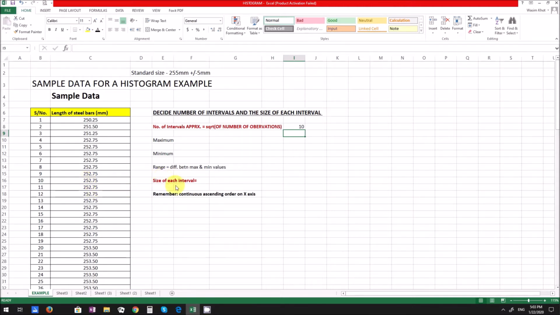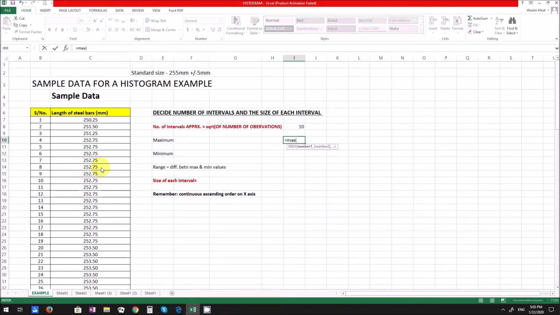Now we also need to decide the size of each interval. For that, we first want to know how much the data is spread. So let's find out the maximum of this data.